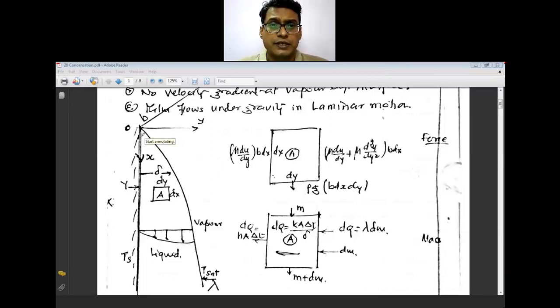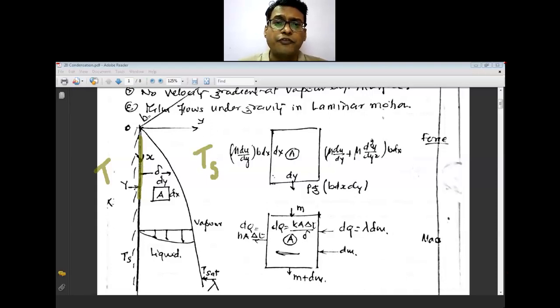This is a vertical plate and on one side the temperature is Ts, the temperature surrounding this plate, and on the other side of this plate the vapor temperature, that is the saturation temperature T saturation, is observed.